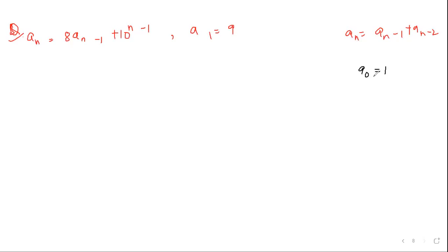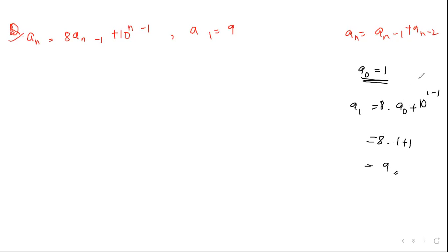If I take a_0 as 1, then what will be a_1? 8 into a_0 plus 10^{n-1}. So I am finding a_1, so I will have 10^{1-1}, 8 into 1 plus 1, which will be 9. It is basically I'm just trying to make it easier. So a_0 is equal to 1.